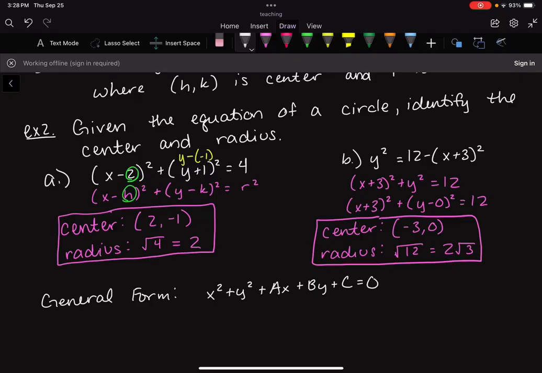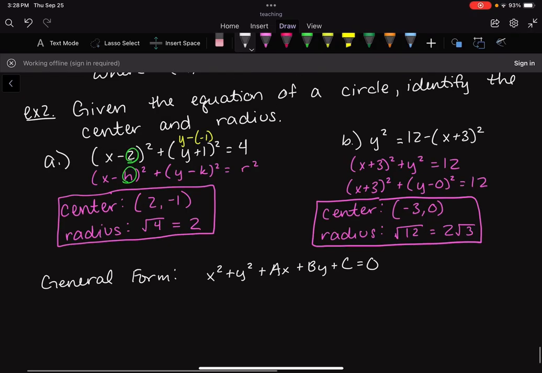This is another form for the circle. If you are given this and you want to identify the center and radius, you have to complete the square. And so, of course, we're going to do one like this.